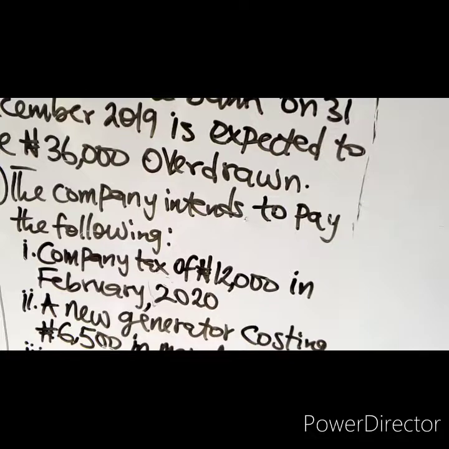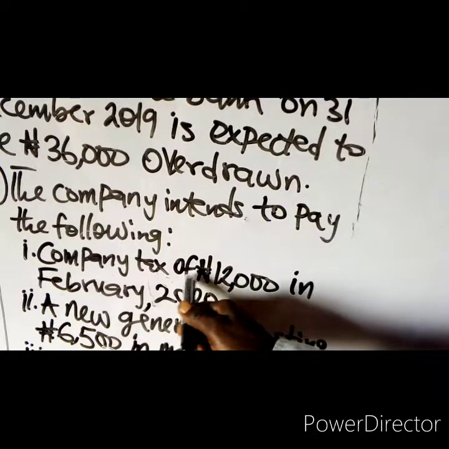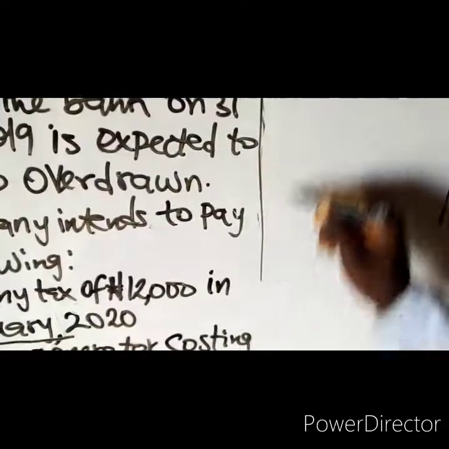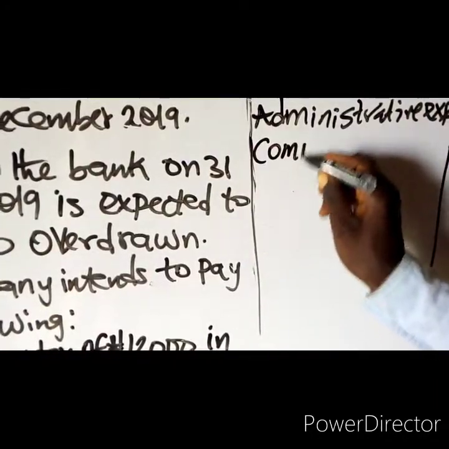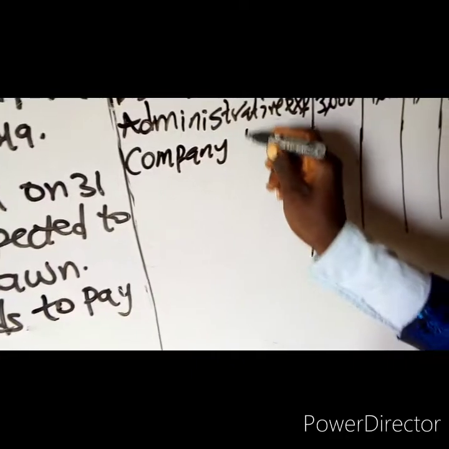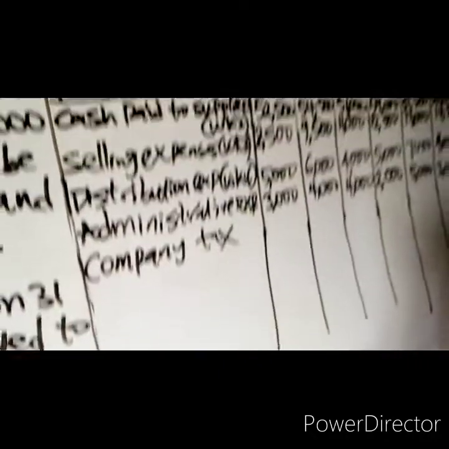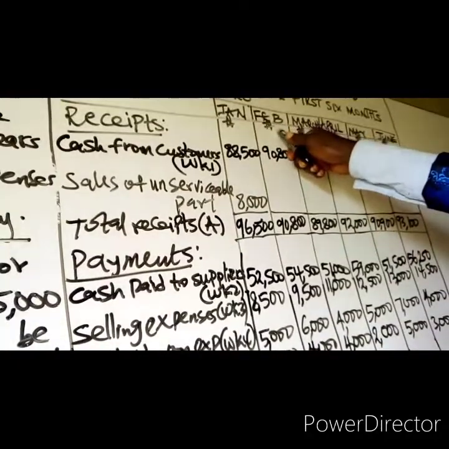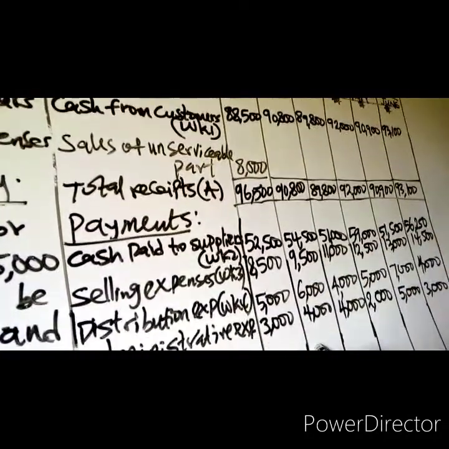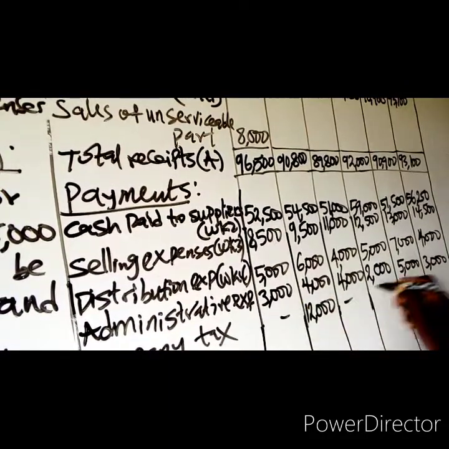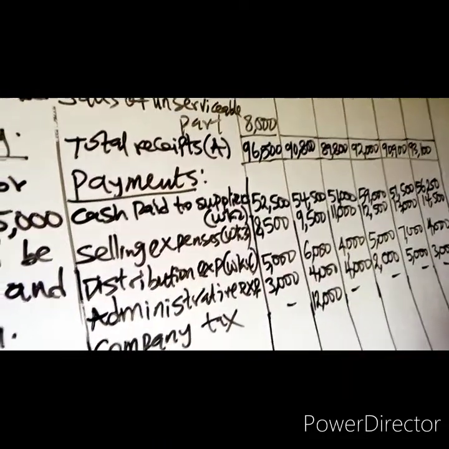So we have company tax, and that is 12,000, and that 12,000 will be paid in February 2020. So you include it in the month of February.